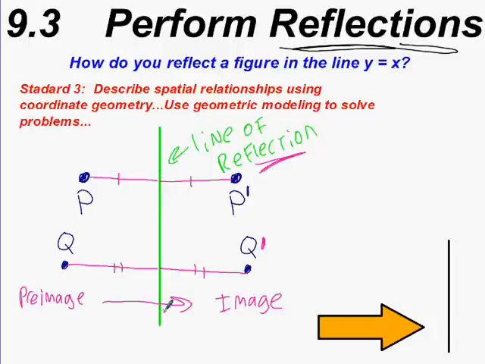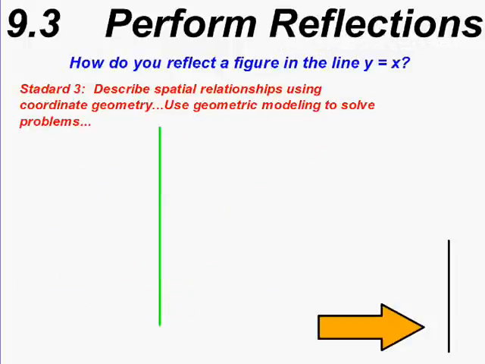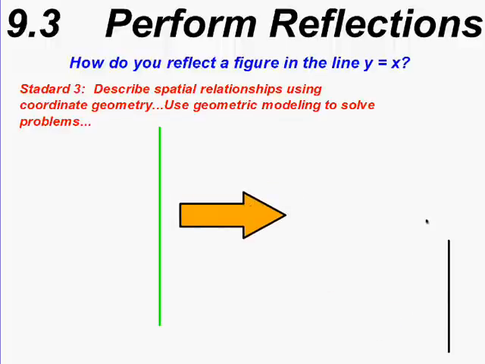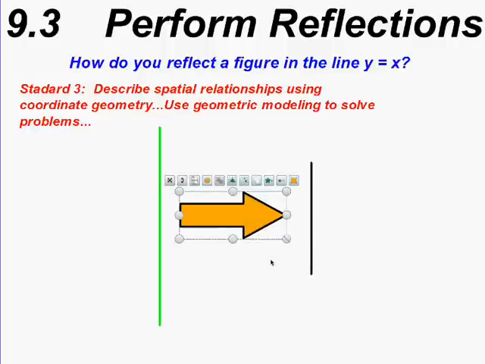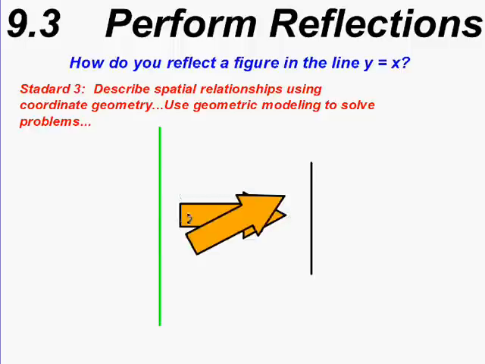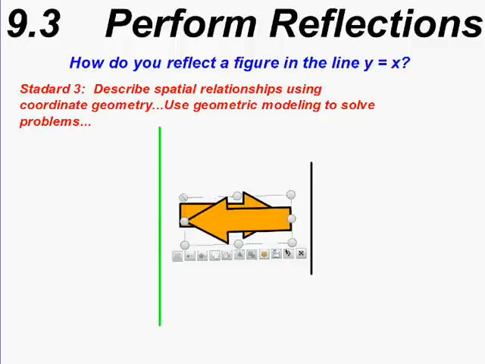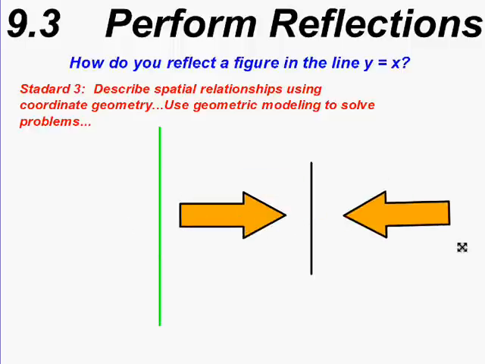Okay, let's look at another thing. Let's say that we have this thing over here. You got to notice that if we're going to go over this line of reflection, what's going to happen to the figure is it's really going to be flipped over. Let's make a copy, let's flip it around, and when it's reflected, it looks like it's opened up and it got flipped over.